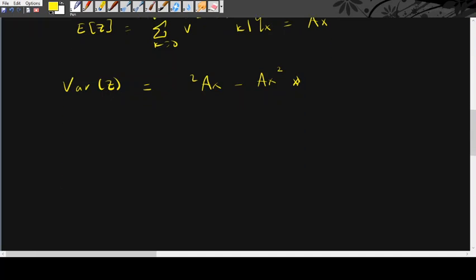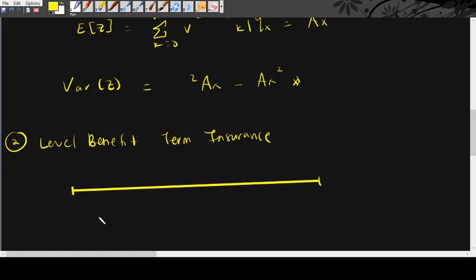Now let's look at the second case, the level benefit term insurance. Similar to the above, if you draw the timeline, you will have something like this. 0. Let's say the term is n years.